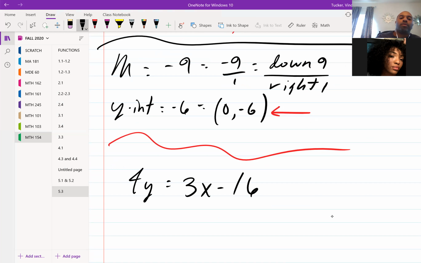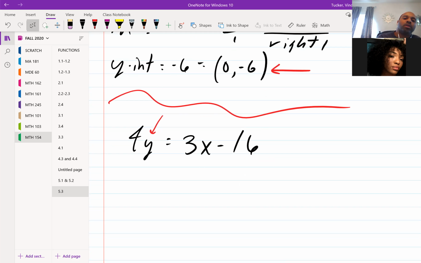And remember, in order for me to be able to pick out what my slope is and what my y-intercept is, I need to solve my equation for y. You get y by itself. So what I'll do is divide both sides by 4. The 4 is canceled, and don't forget that this 4 has to go to each term on the other side.